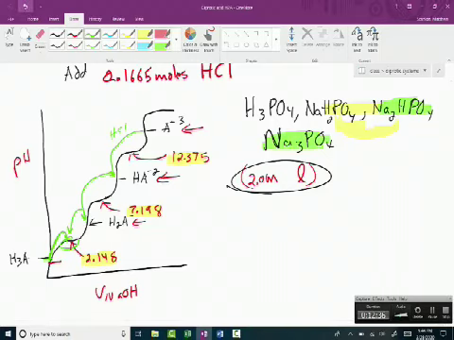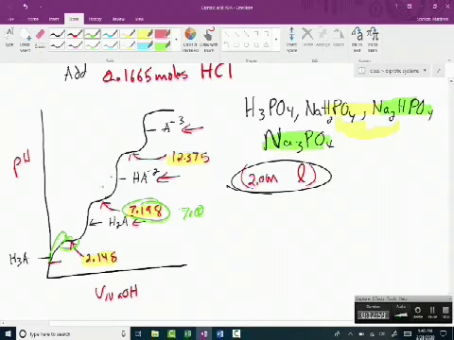Okay, see if I can erase all those. Then I could pick a buffer range of 7.198. I could have a buffer of, say, 7.